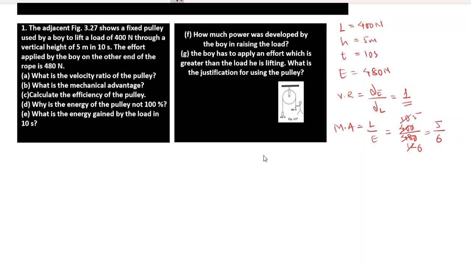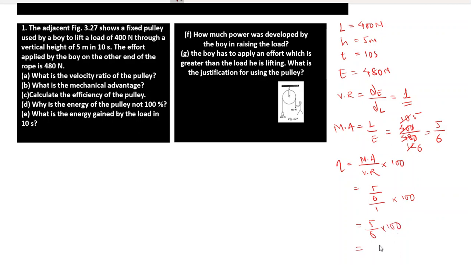Calculate the efficiency of the pulley. So efficiency is equal to mechanical advantage upon velocity ratio multiplied by 100. That is 5 by 6 by 1 multiplied by 100. That is 5 by 6 into 100.